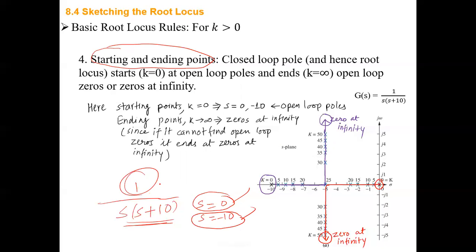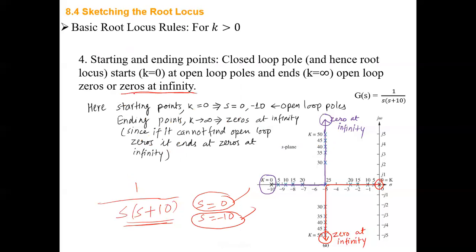The top will give you zeros, right? You don't have anything on the top. Then what do you do? The rule says it starts at a pole and ends at a zero, but you don't have a zero there. In that case, the branches go to infinity, and we call them zeros at infinity.